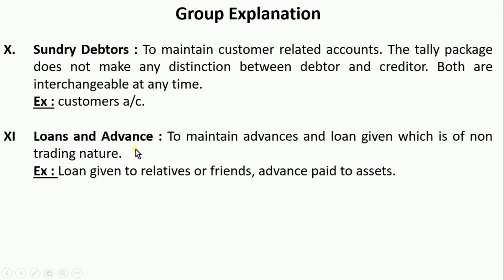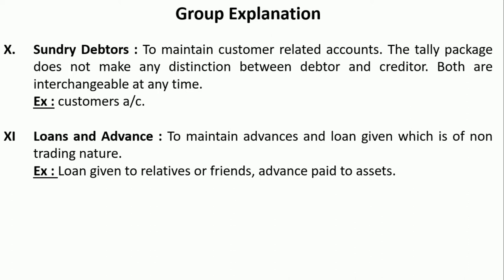Next one, loans and advance. That is fourth subgroup of current asset, and overall, the 11th subgroup. This is to maintain advance and loan given which is of non-trading nature. Maybe for example, if we are taking loan from others, maybe relatives or friends, we will take it as an unsecured loan.